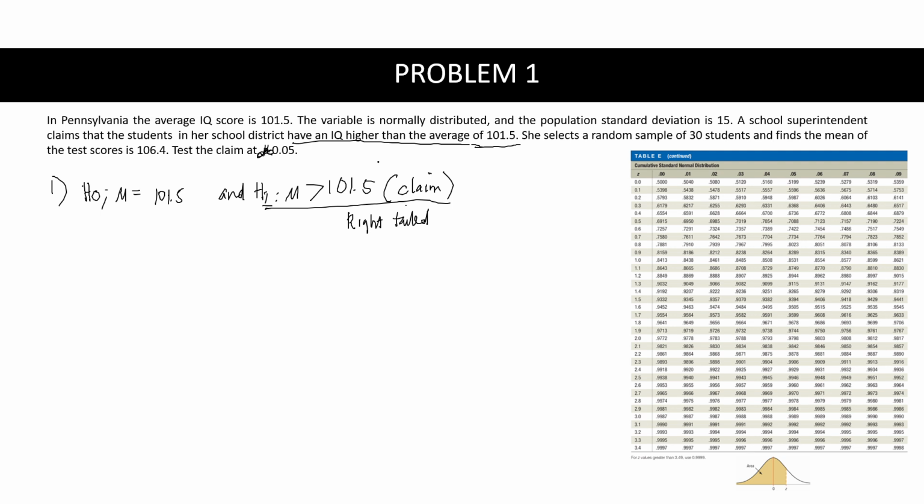It is 1 minus the alpha. So what is 1 minus the alpha? 1 minus 0.05 is 0.95.